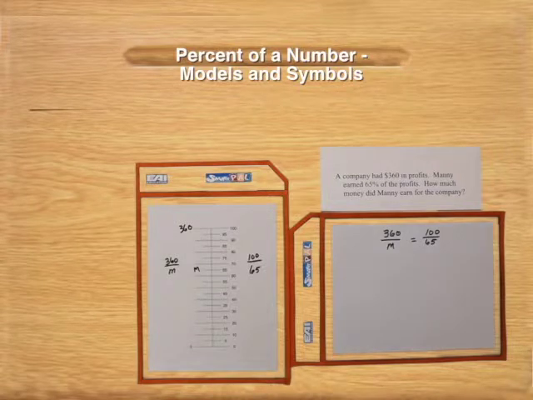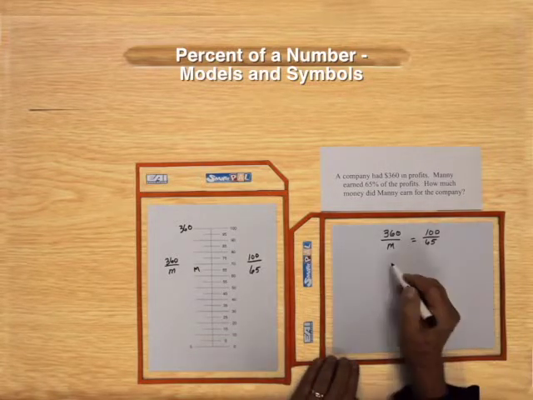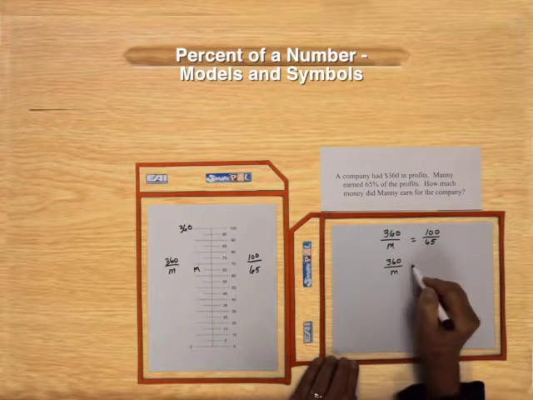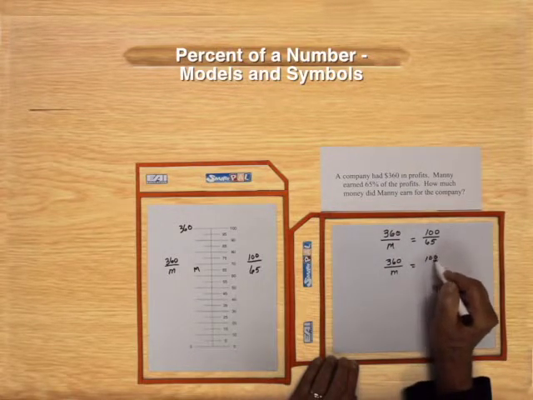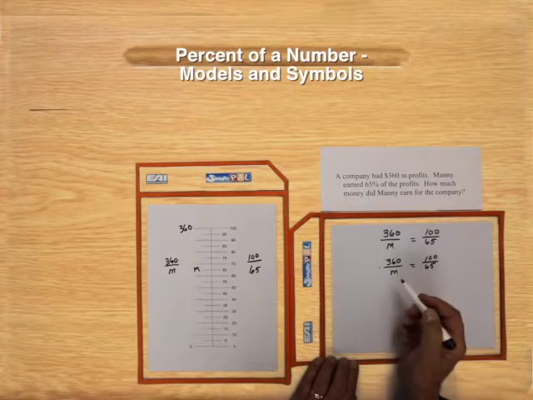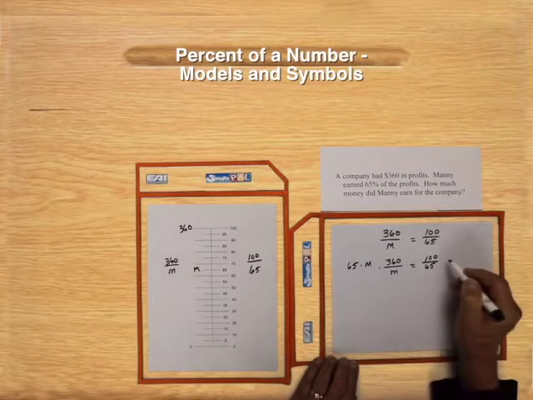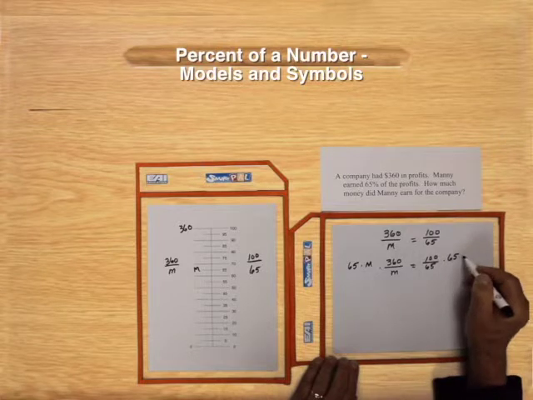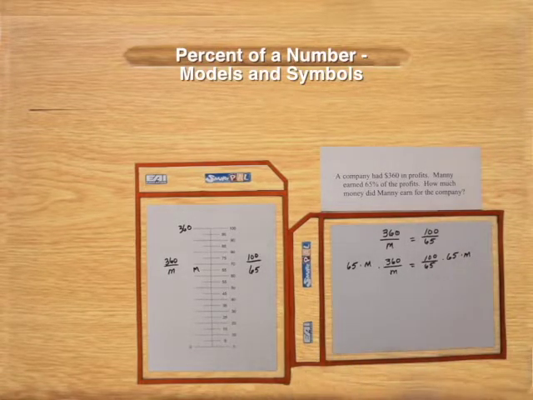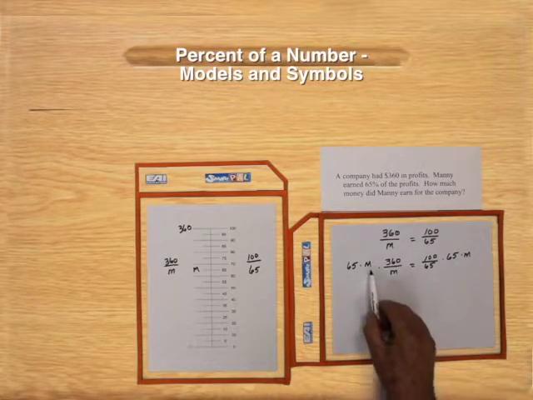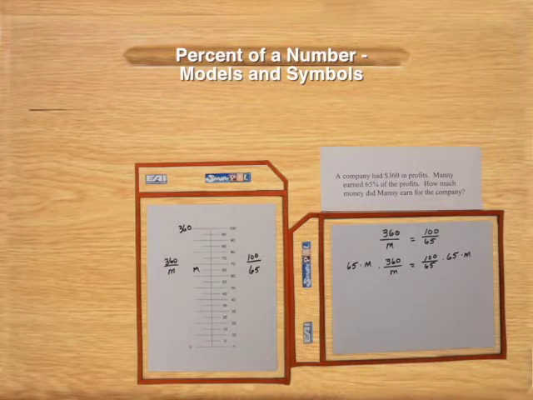To solve this equation, the first thing we do is multiply both sides of the equation by 65 and by M. So let's rewrite the equation. And multiply both sides of the equation by 65 and by M. On the left-hand side, we have M over M, which we know is 1.